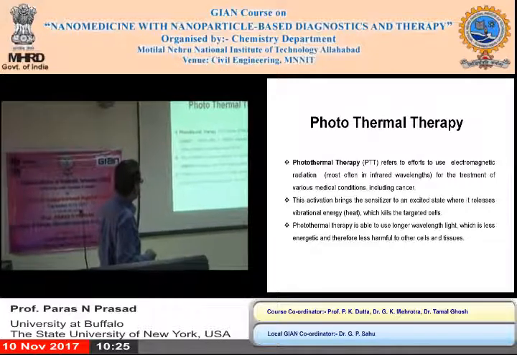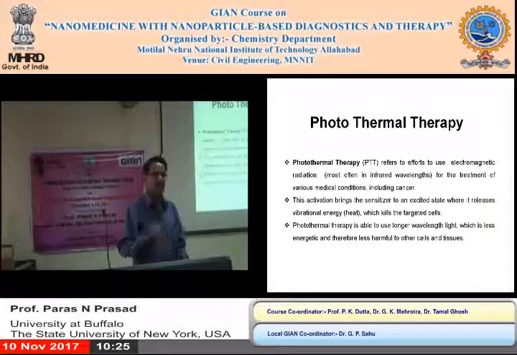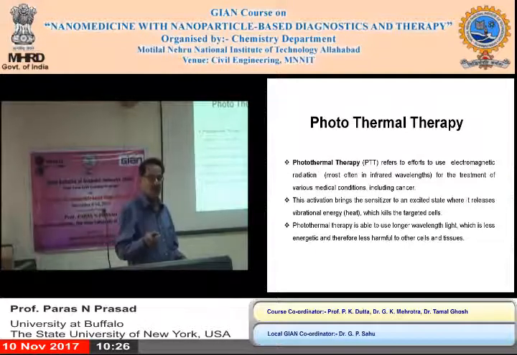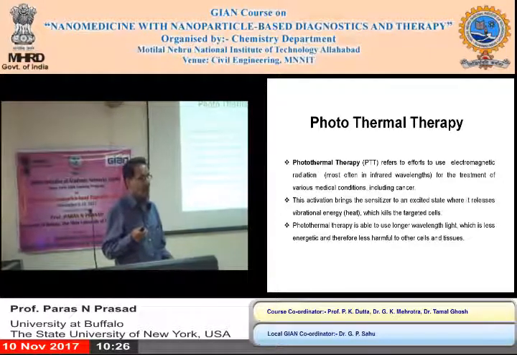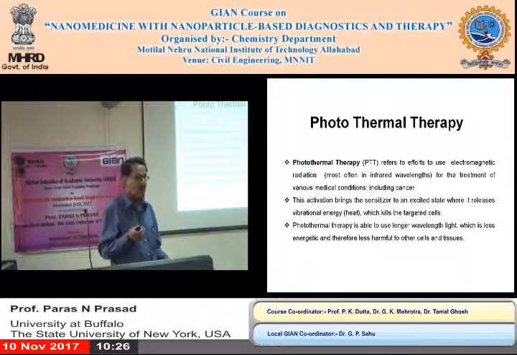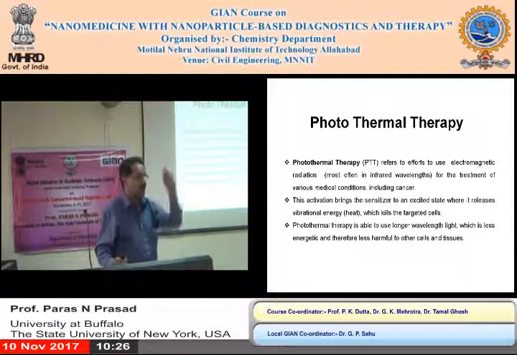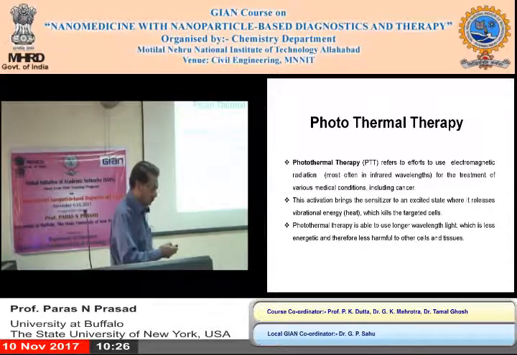So the idea is that you take these nanoparticles, you target, it gets into the cells, and then you shine light, and the light will heat locally. The temperature you can even monitor; you can have a 30 degree rise of local temperature, and that's high enough to kill the cell.